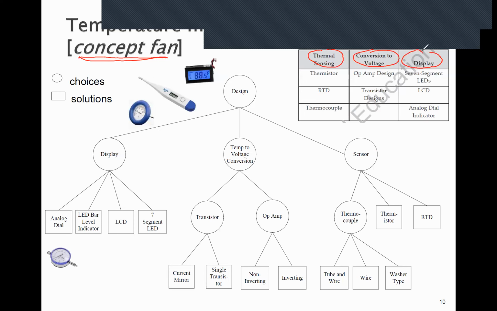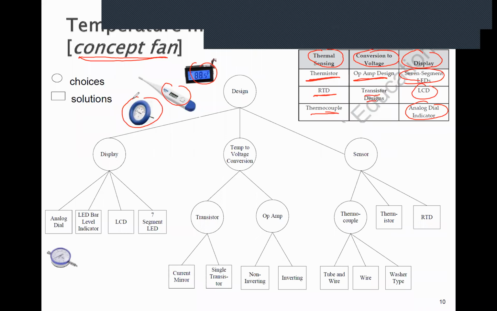So there may be three options for thermal sensing. We may use a thermistor, RTD, or thermocouple. For conversion to voltage, we can use an op-amp design or transistor design. And for display, there may be a 7-segment LED, or LCD, just like this, or an analog dial indicator, just like this.